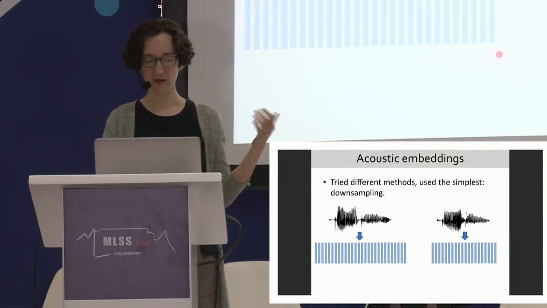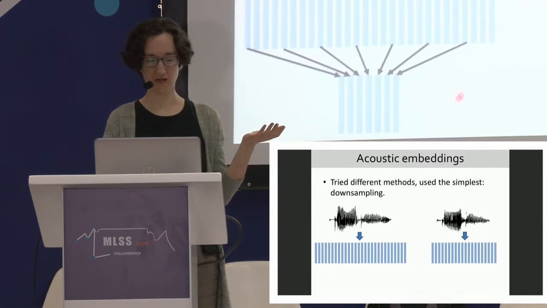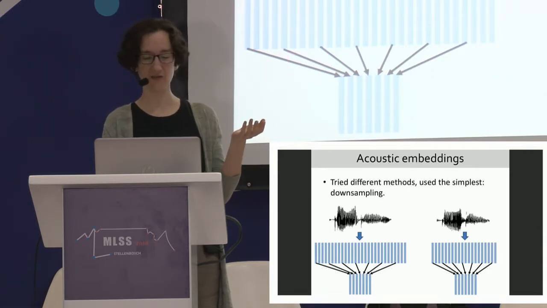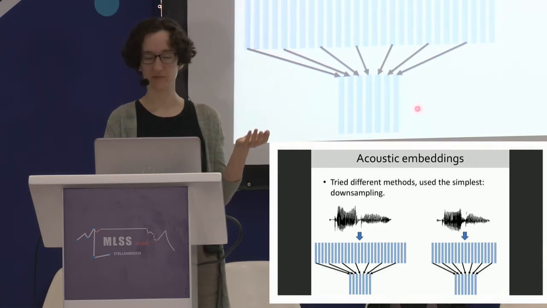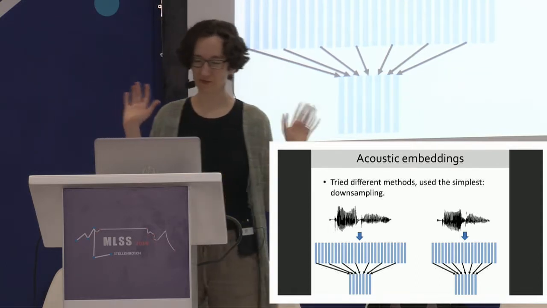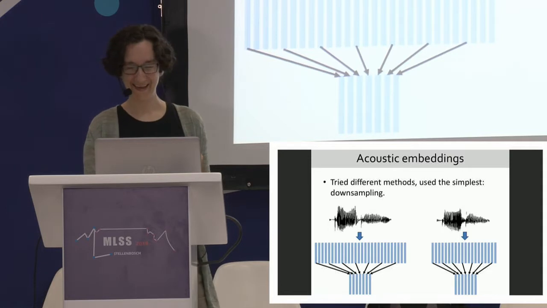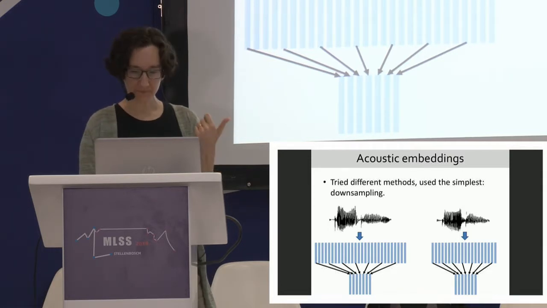Then we just take every n of these frames, where n is bigger in this case than this case, so that we end up with exactly the same number of frames in both cases. It's not very exciting, but it works. Well, works-ish.